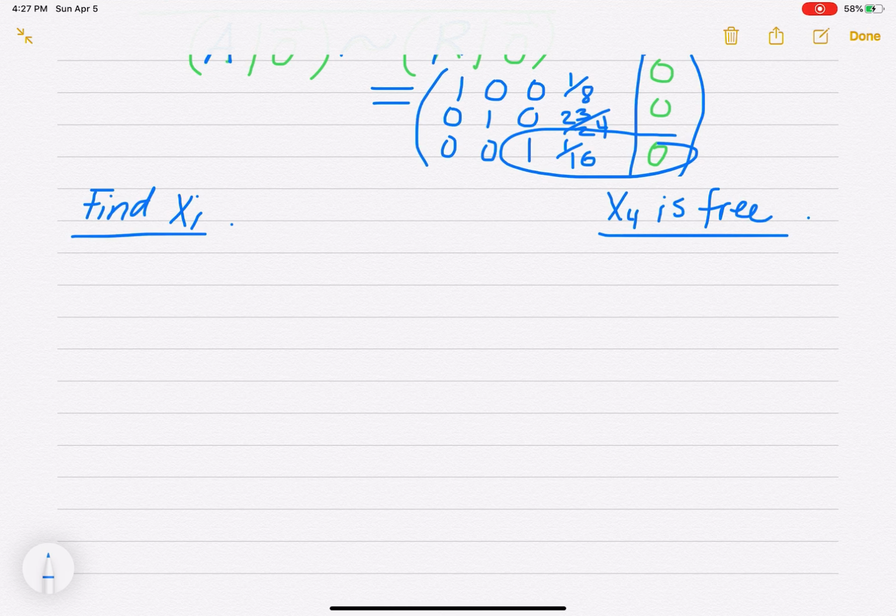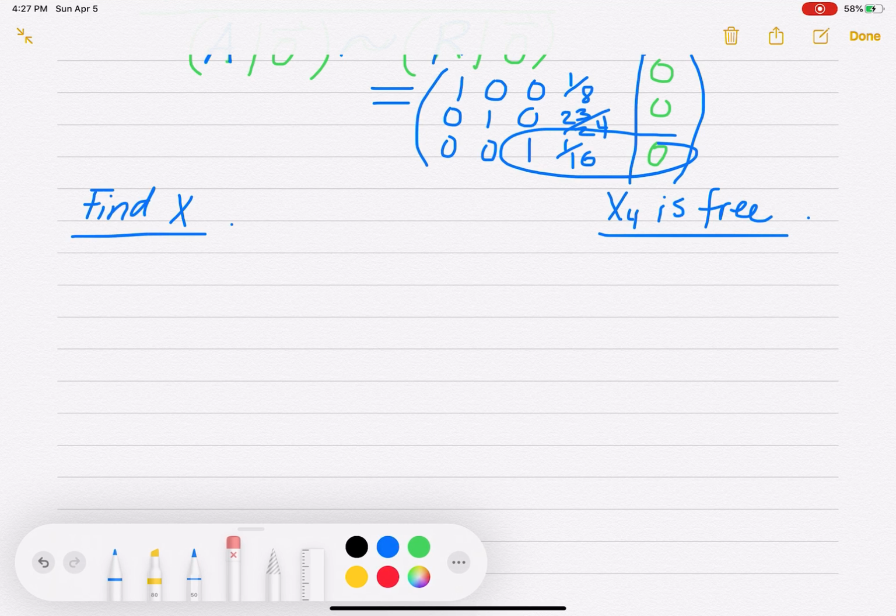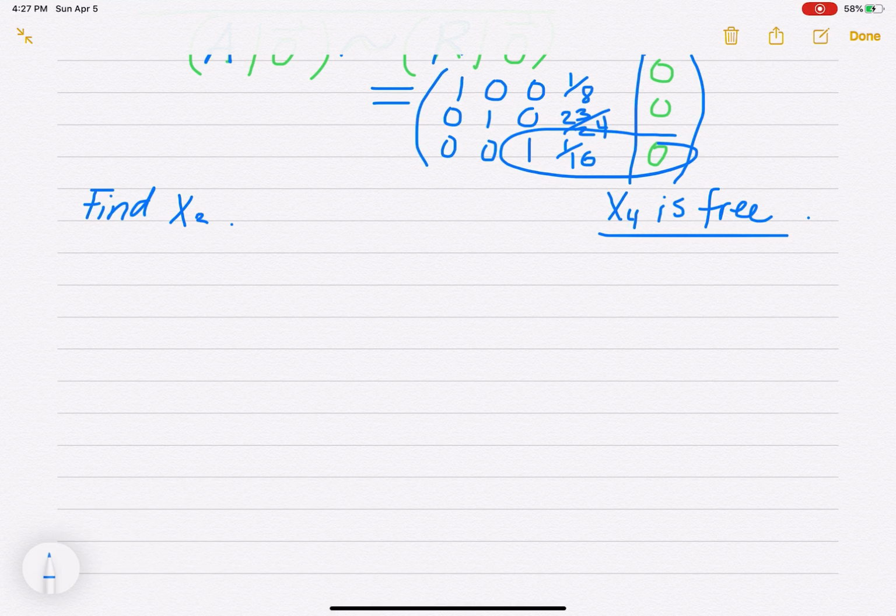That's key. So we're going to find x3. I get x3 plus 1 over 16 x4 equals 0. So that gives me x3 is minus 1 over 16 x4.